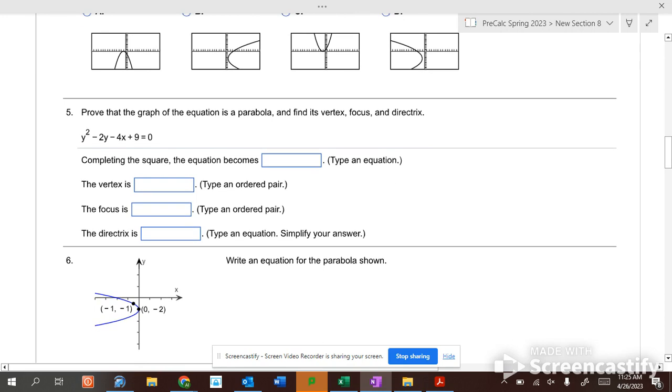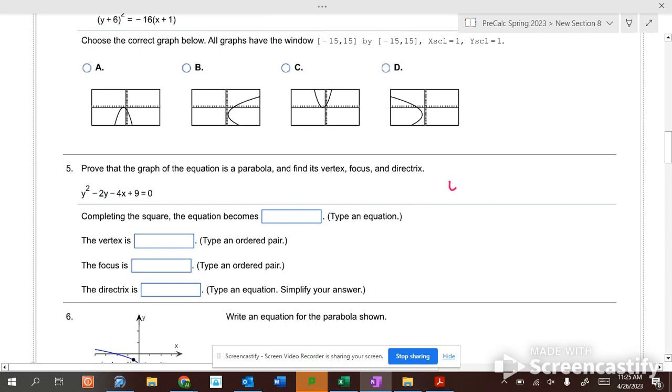Now, once we get to number 5, the completing the square stuff. Okay, those of you who are doing your homework as we do this, stop and pay attention. Okay. So to complete the square, right now we have y squared minus 2y, and then we have a minus 4x plus 9 equals 0.